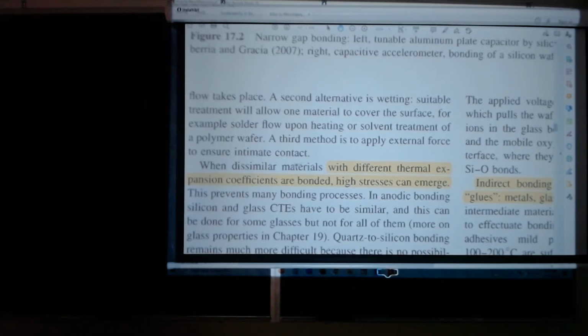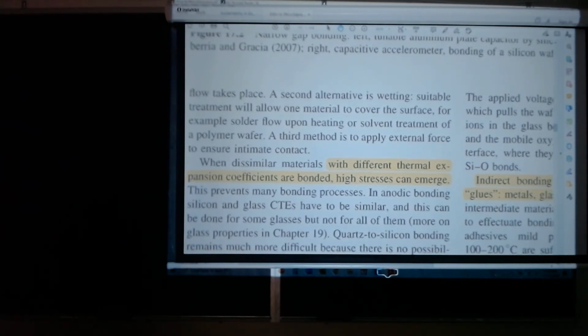Depending upon how elevated it is, and how different the thermal expansion coefficients of the two wafers are, when you cool them down, it will result in stress. I think maybe I'll make up a homework problem on the types of stress that will occur when bonding two different materials, for example, gallium arsenide and silicon, to give you more of an idea about that.